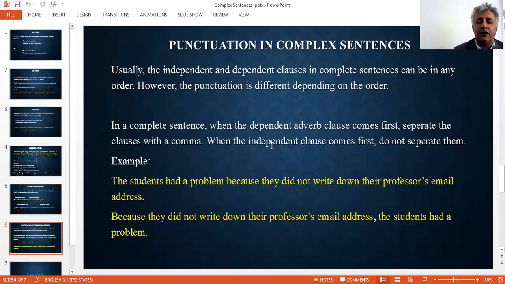Remember that subordinators are very clear signs of dependent clauses. And when you see because, you understand that this clause is dependent. For example, I say, I was sick. This sentence is a complete one. It doesn't have any subordinators, and it has the main idea, and it doesn't need other words to be complete.